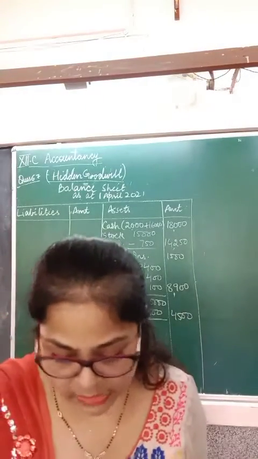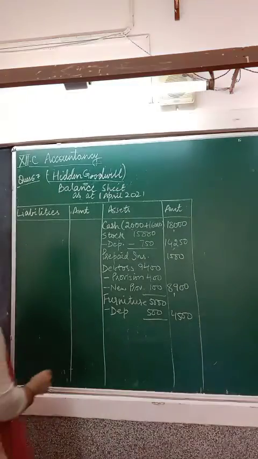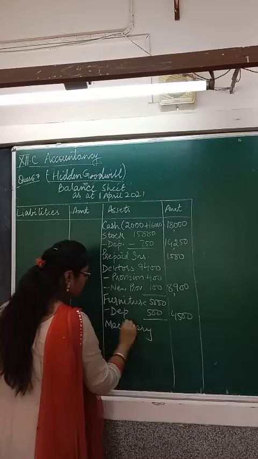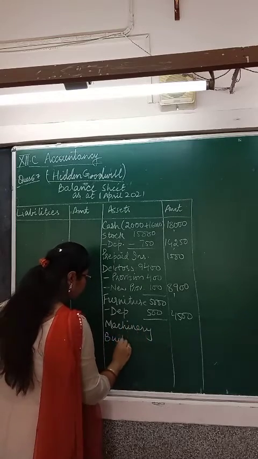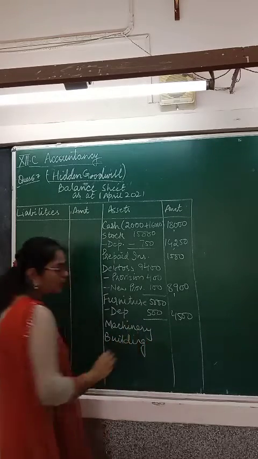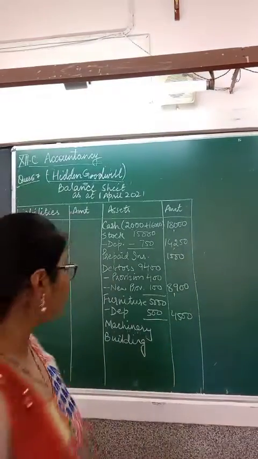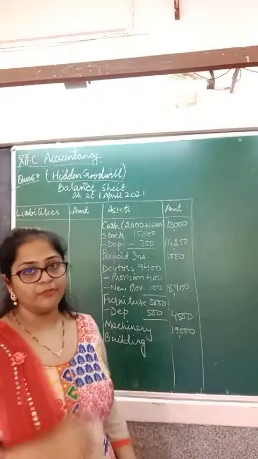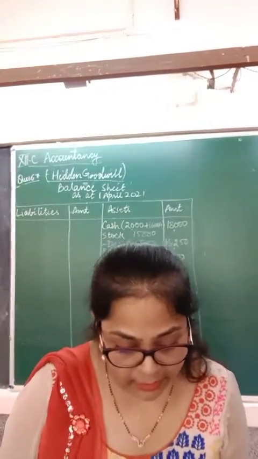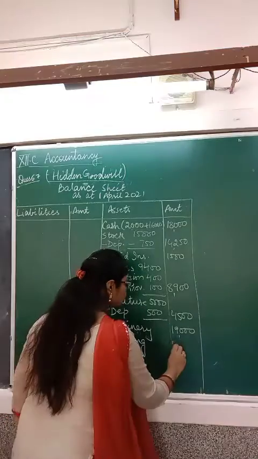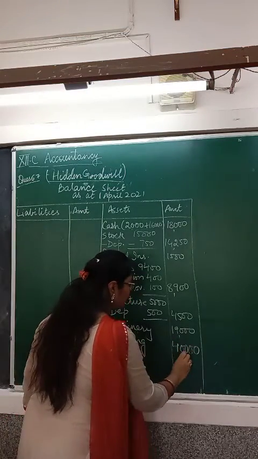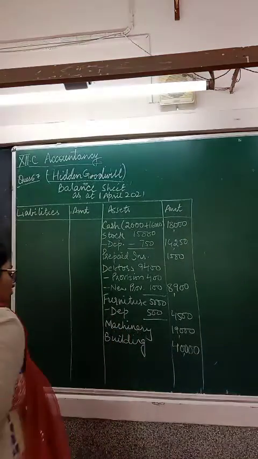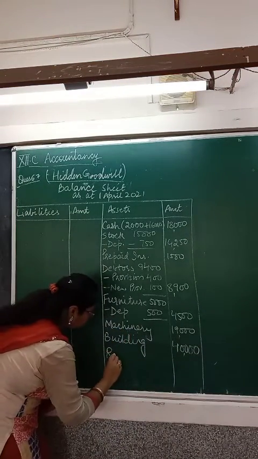Next assets that you have are machinery and then building. No adjustment is there for machinery, so the amount will remain the same at rupees 19,000 as per the question. And for building, there was an appreciation and building was now valued at rupees 40,000. So immediately you will write the amount 40,000. One last adjustment which is new that you have to add here is Raman's current account.